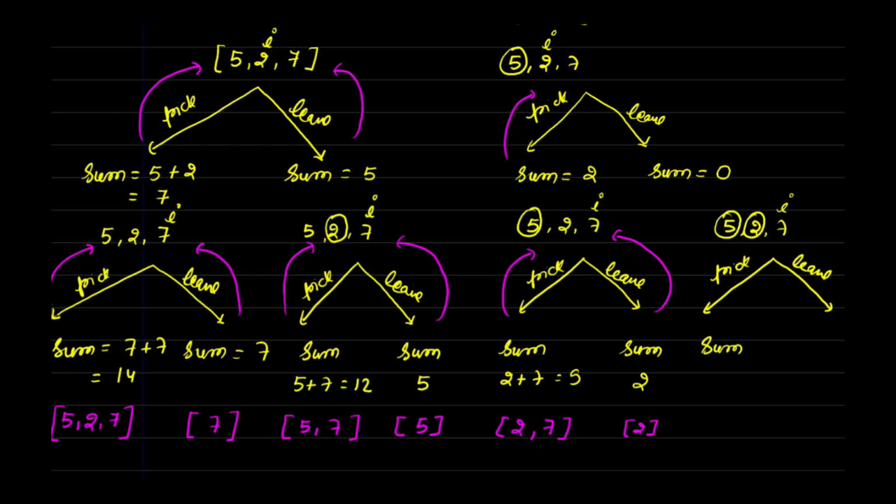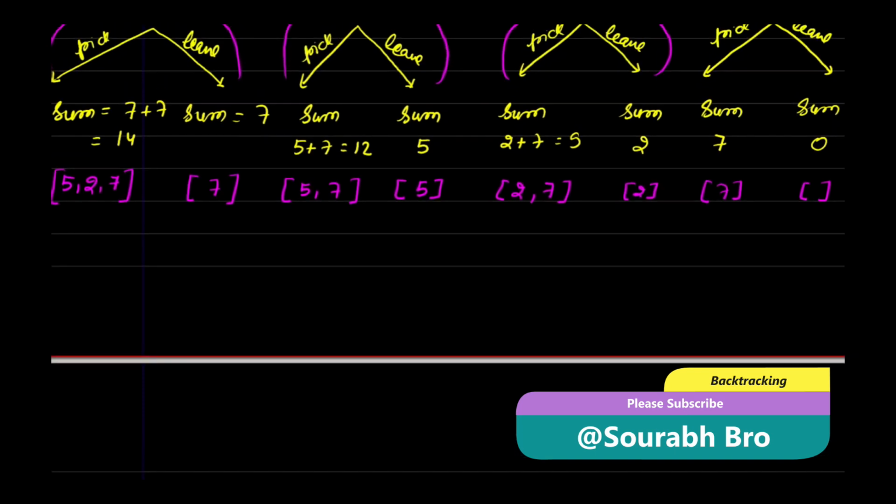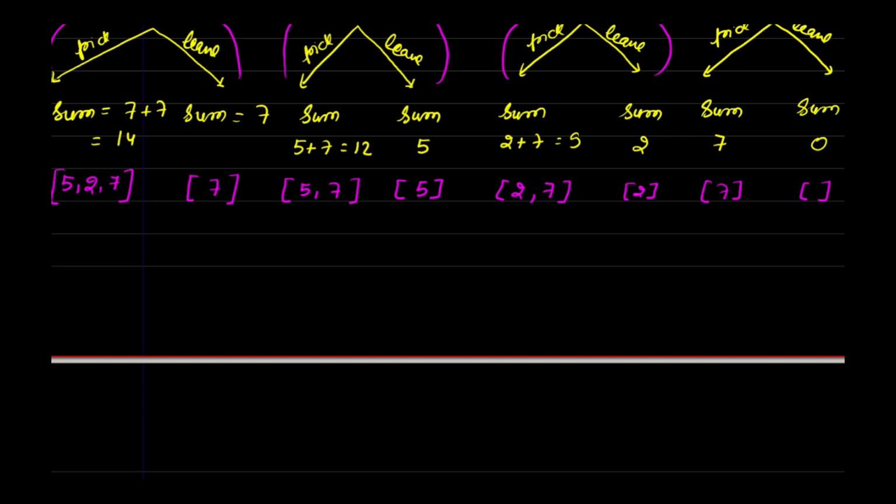If I will pick the index element, then sum will be 7. If I will leave the index element, then sum will be 0. So in the subset for 7, 7 is there, and here an empty subset is there. So this is our subsets.